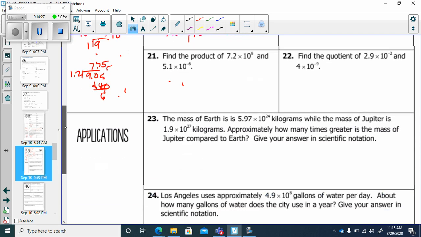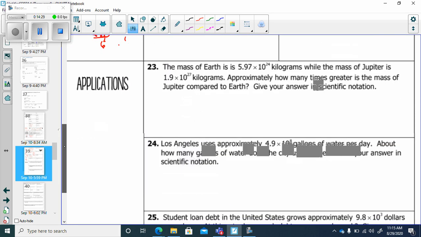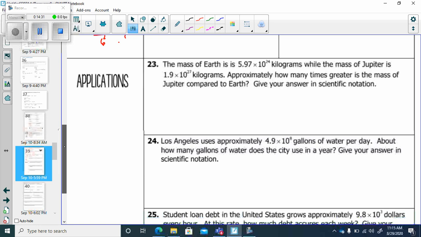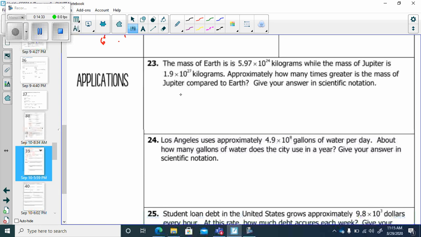Now let's look at one of these word problems. Look at number 23. Told you we're going to talk about how many times greater something was. When you're talking how many times greater, you are dividing. Think about this. If I have 2 guys, one guy who is really heavy set, he weighs 200 pounds.